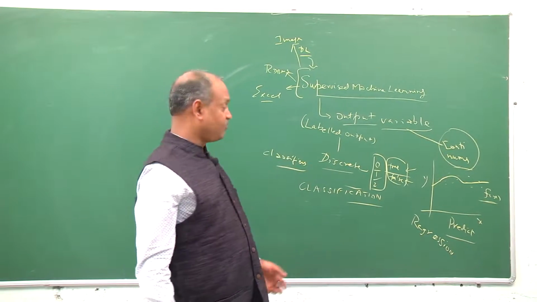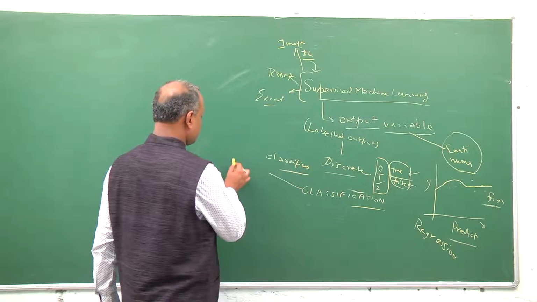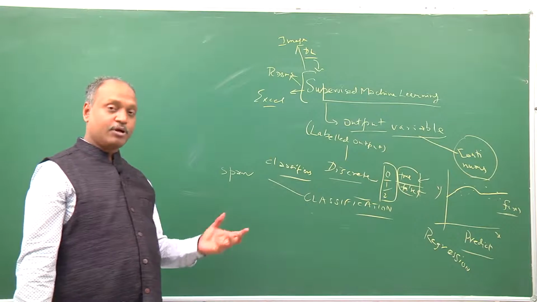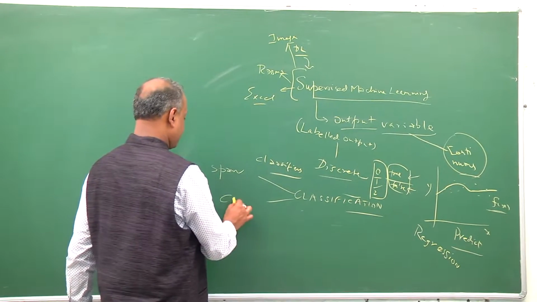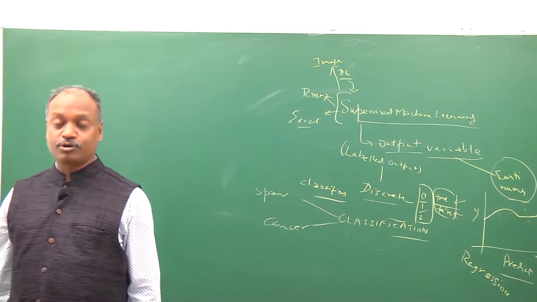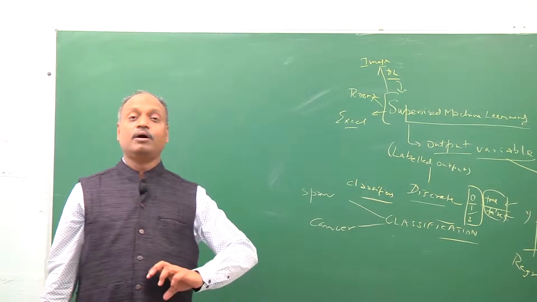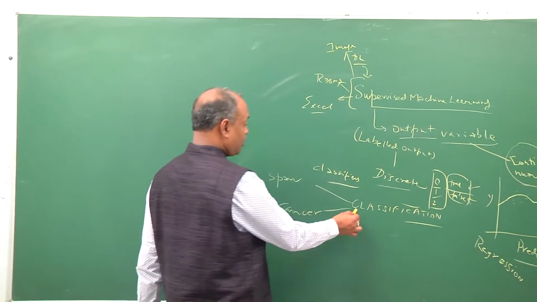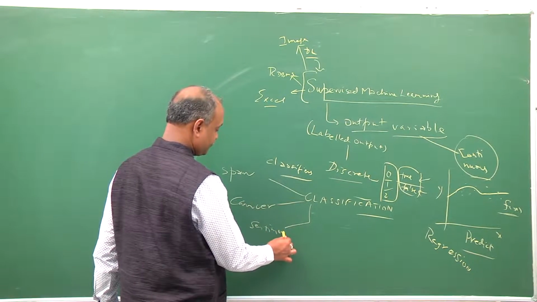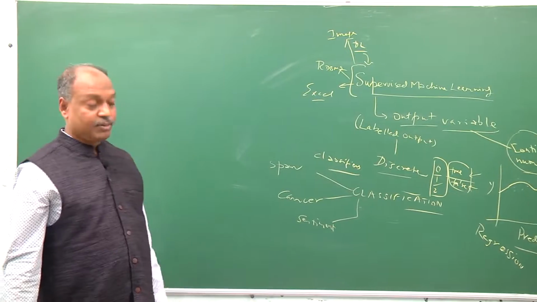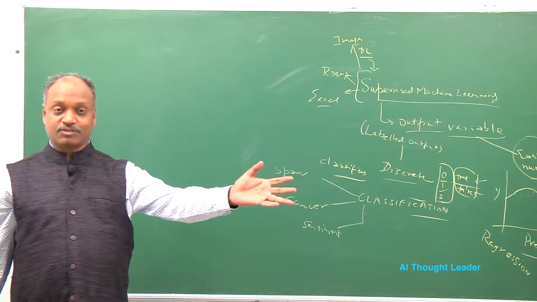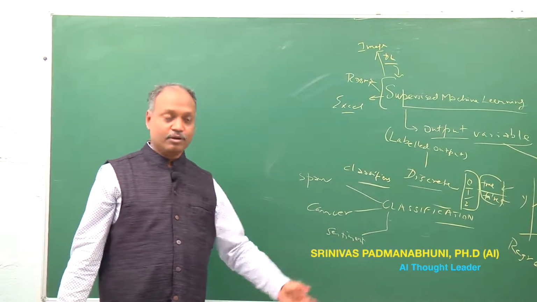Let's look at some use cases of classification. Some of the popular use cases are, for example, spam classification of emails into spam and non-spam, or cancer tumor classification: is it malignant, is it benign, or is there no tumor. Or let's say you want to do sentiment analysis of movie reviews on Twitter: is it positive, is it negative, or is it neutral.